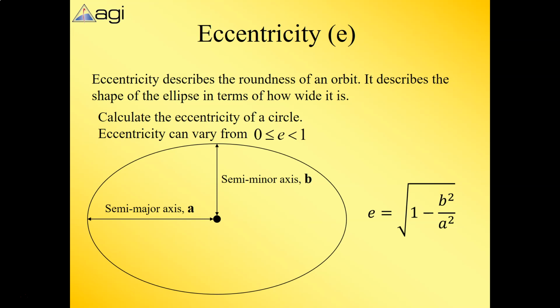So the eccentricity of a circular orbit, as described by this equation, the square root of 1 minus b squared over a squared, is 0. Circular orbit, eccentricity of 0. We are describing its shape. Eccentricity can vary from 0 all the way up to 1.